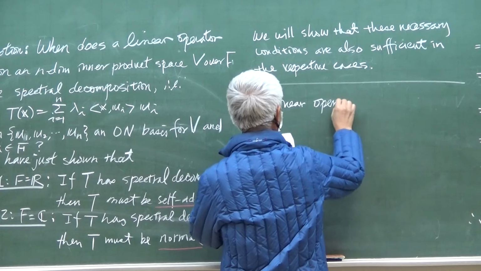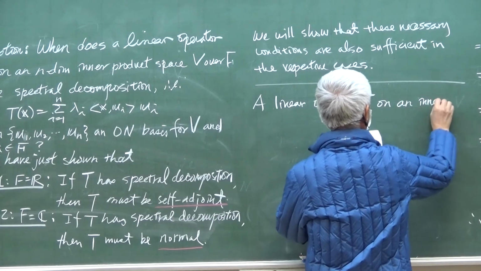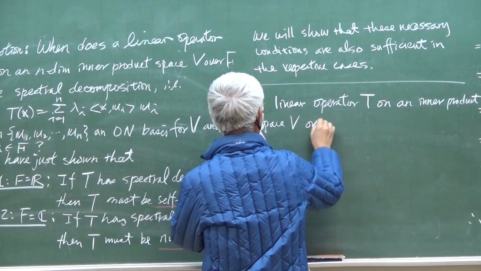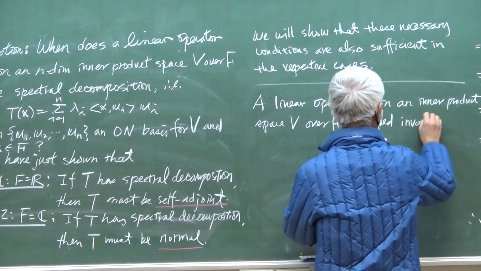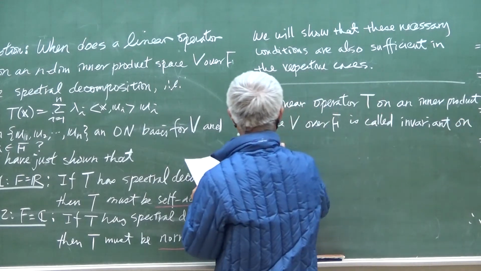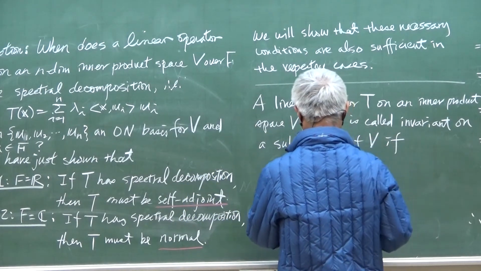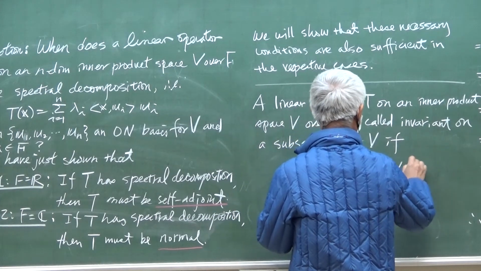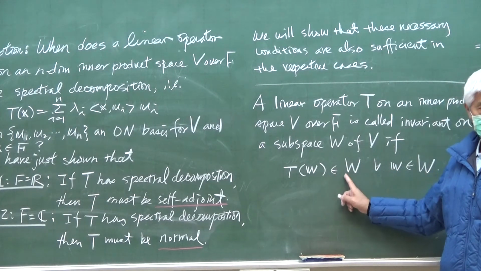A linear operator T on an inner product space V over F is called invariant on a subspace W of V if T w is in W for all w in W. So the image of every vector in the subspace is also in the same subspace.